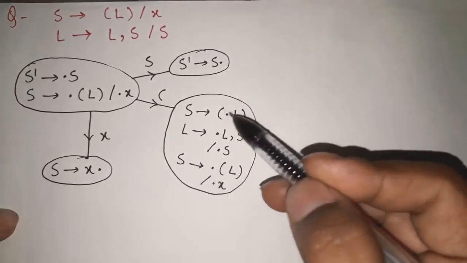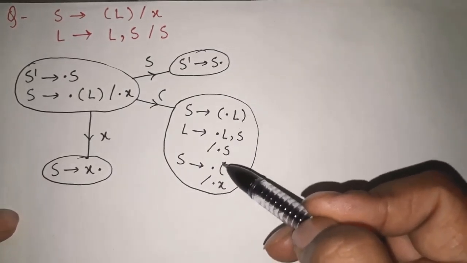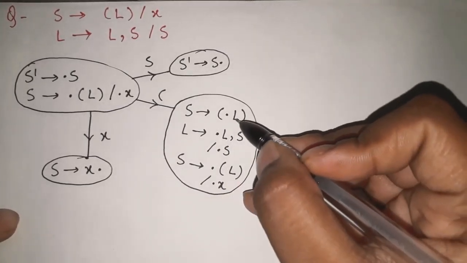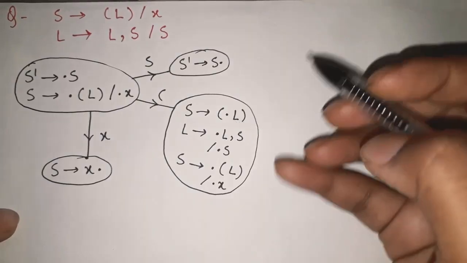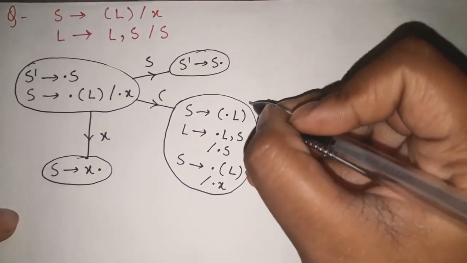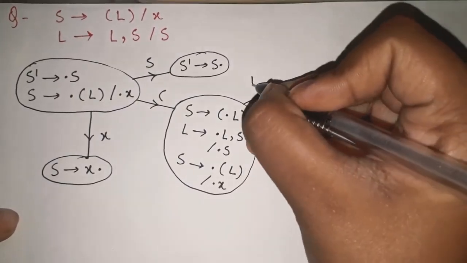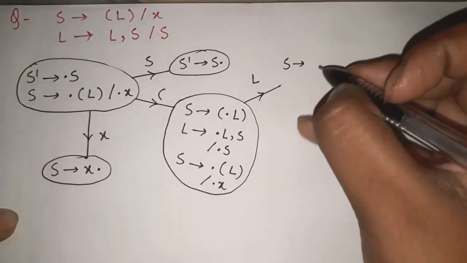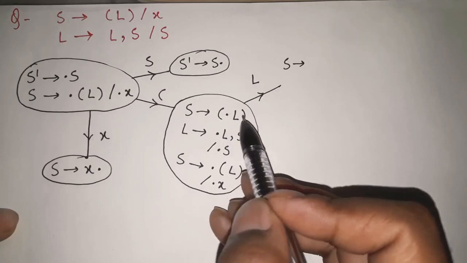But in this state we can see that there are many variables and terminals after the dot, so we have to expand it. First of all, we will do it for capital L. Expanding for capital L, what I will get is S gives (L.), with the dot shifted one side right.